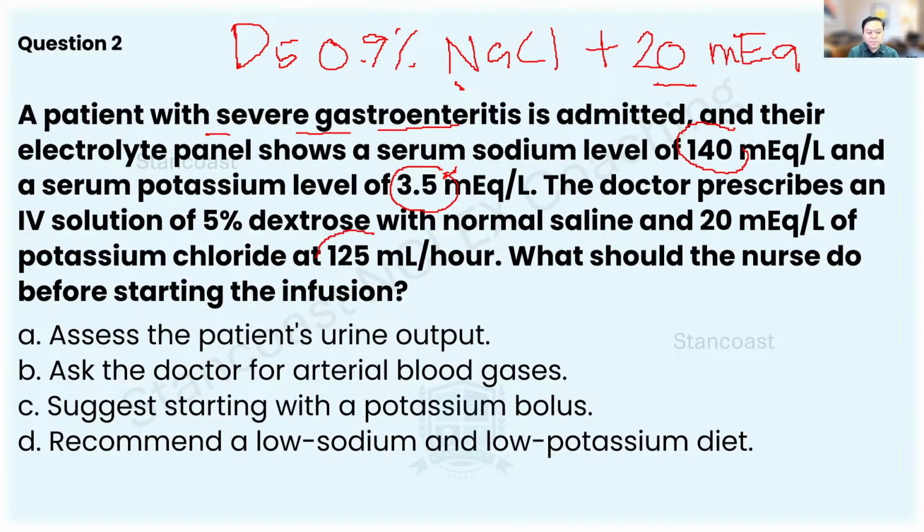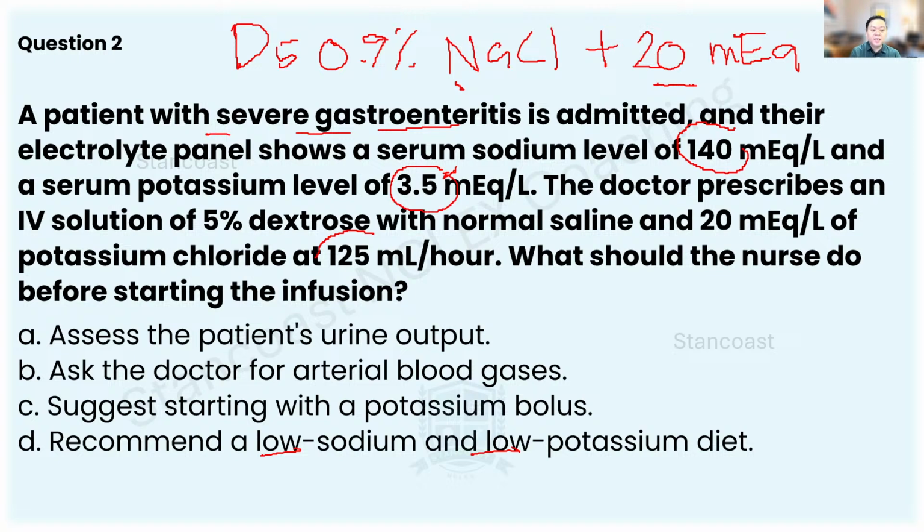So what would be the safest answer this time? If you answered letter D, recommend a low sodium and low potassium diet, would that help this patient that has a borderline potassium level? If that's the case, could that help the patient? Well, suggesting a low sodium and low potassium diet is not appropriate this time, given that the current potassium level is actually in the normal range.